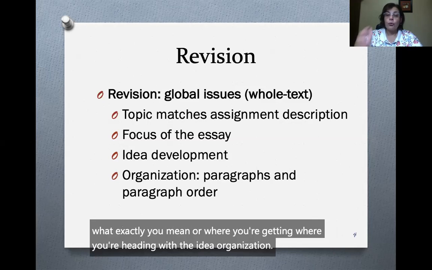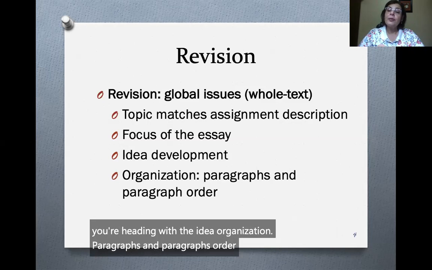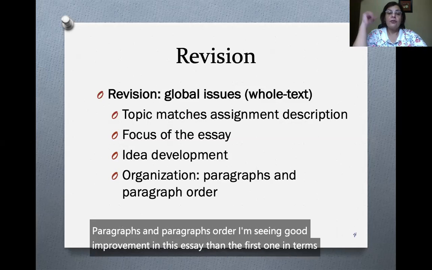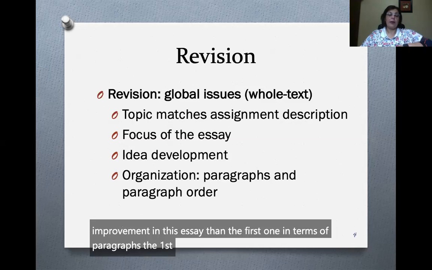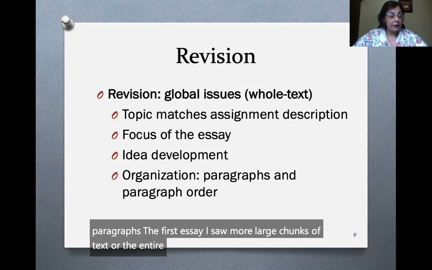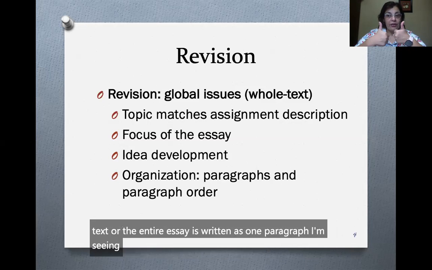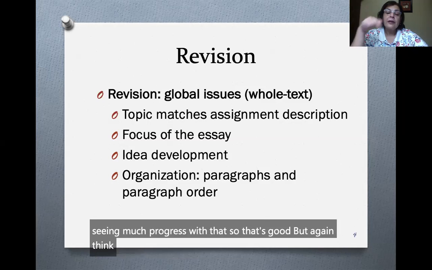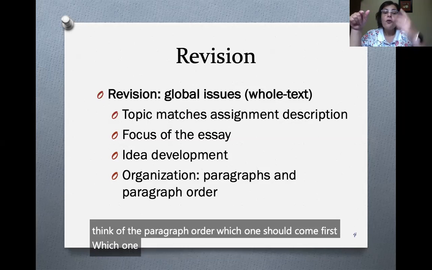Organization: paragraphs and paragraph order. I'm seeing good improvement in this essay over the first one in terms of paragraphs. In the first essay, I saw large chunks of text, or the entire essay written as one paragraph. I'm seeing much progress with that, so that's good. But again, think of the paragraph order. Which one should come first? Which one will help the reader follow your analysis much better?